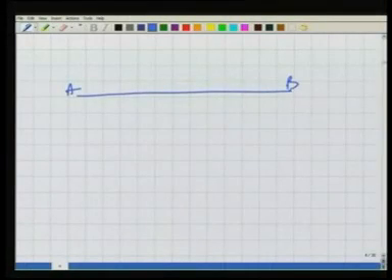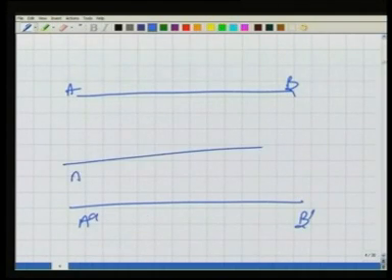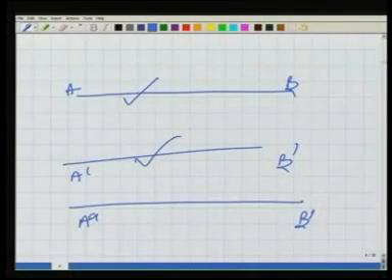Let us say this is in our map, chain line AB. Where do I plot the chain line A dash B dash? Should it be here, or should it be here? Now this is important. We need to know a relationship between these chain lines also.